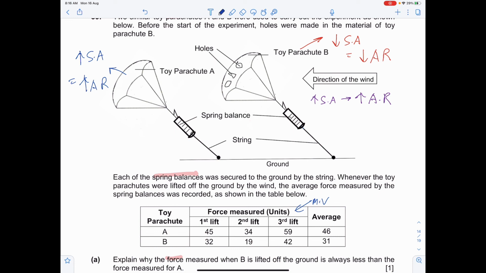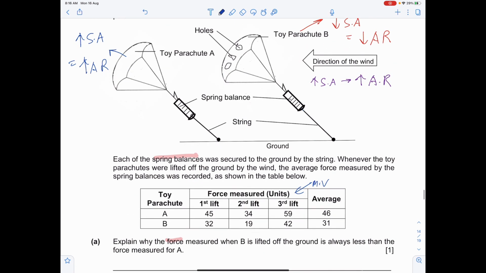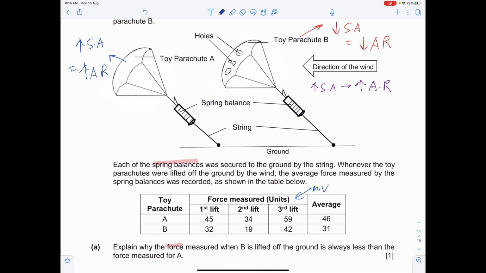So when you look at it, you will realize that in A, technically, the amount of force is always higher. Why? Because there is a higher amount of air resistance acting against it as compared to B. This is a superlative question, so it should be higher, lower. In B, because it has holes, air can pass through it.